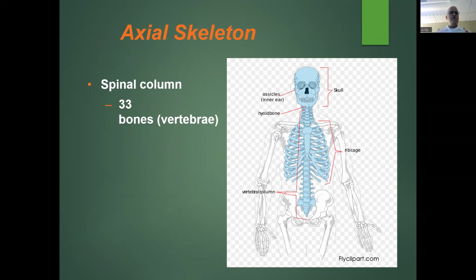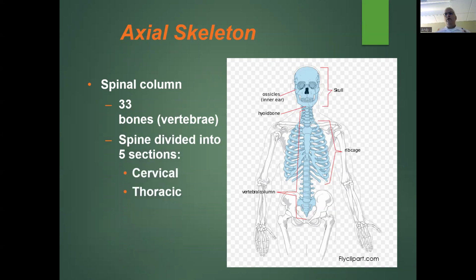They're designed to protect a very important part of our body that we need to function, the spinal cord. It's divided into 5 sections: the cervical area, the thoracic area, the lumbar area, the sacrum, and the coccyx.